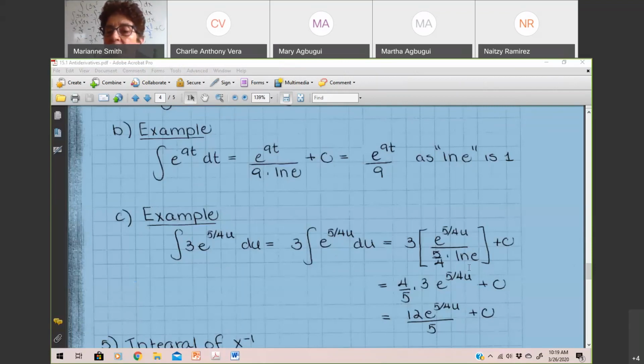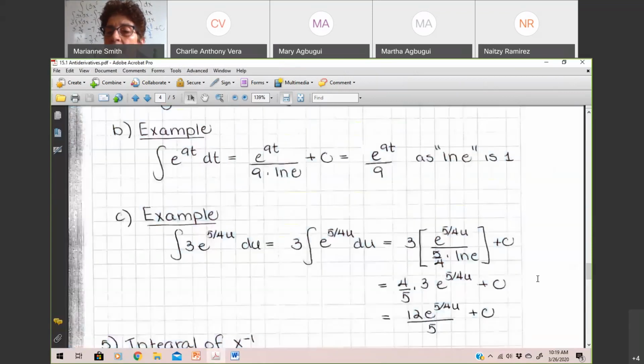Do you have what you need? Okay, let's try a few examples then of exponentials.